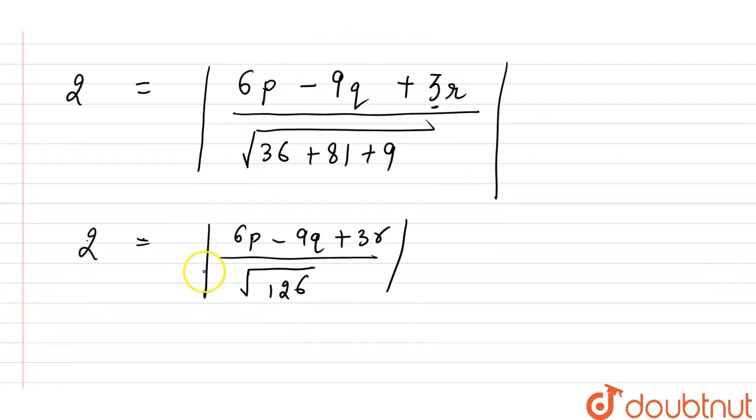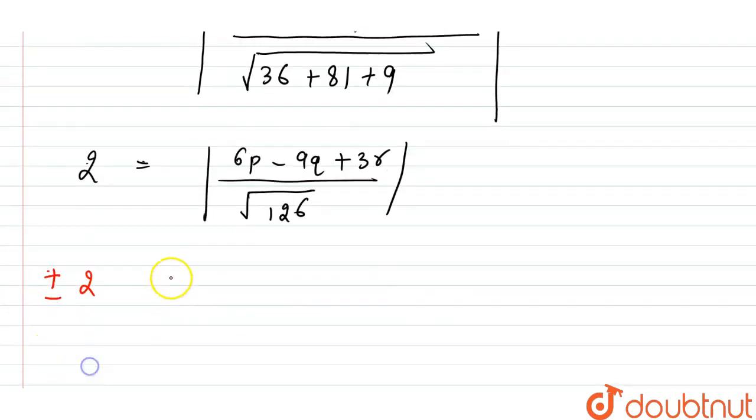Now when we open this modulus, this will become plus minus 2. So we have two cases, when this is plus 2 and when it is minus 2. So let us consider the two cases here.